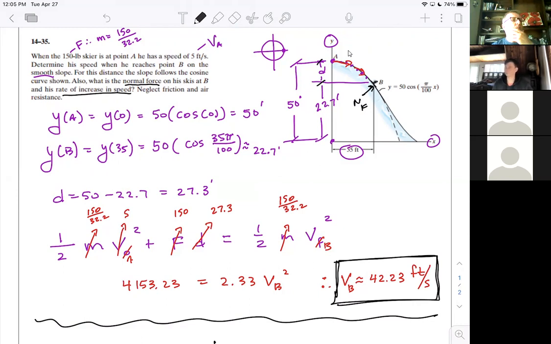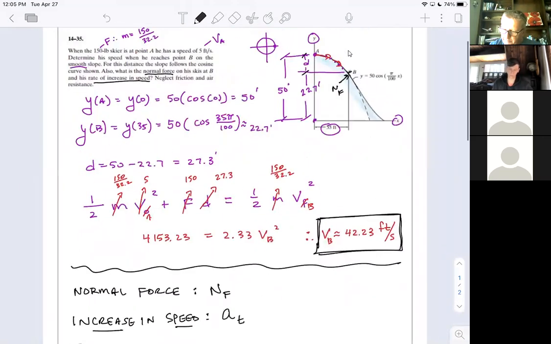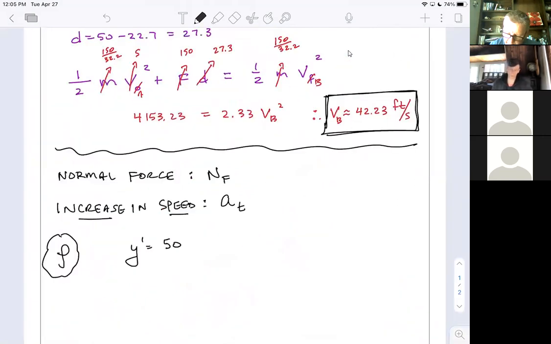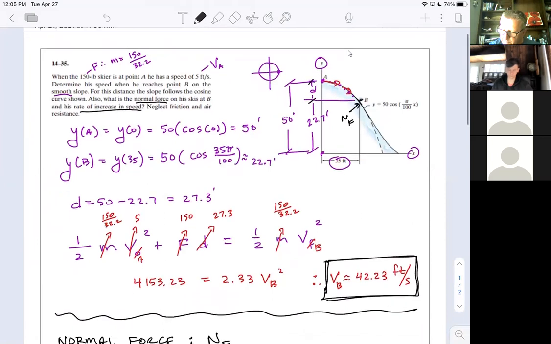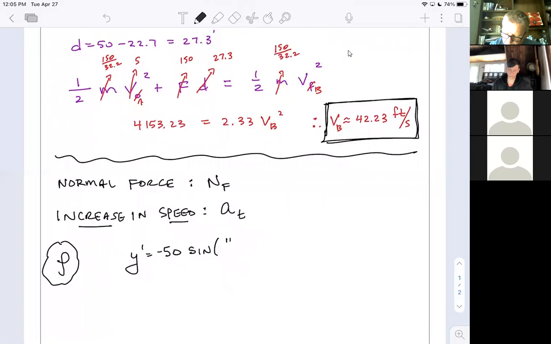You're right. The derivative of sine is cosine. The derivative of cosine is negative sine. And that 50 out in front comes along for the ride. So there's a 50 and then a negative sign, and whatever the junk is, it doesn't change. The derivative of cosine of junk is negative sine of junk. So it's pi over 100x. That hasn't changed.